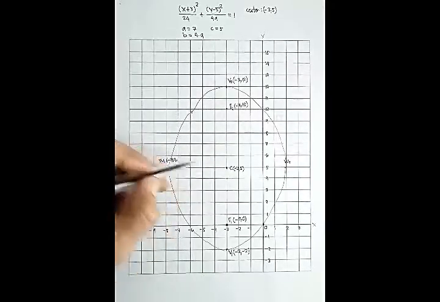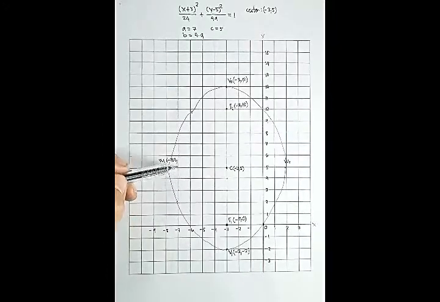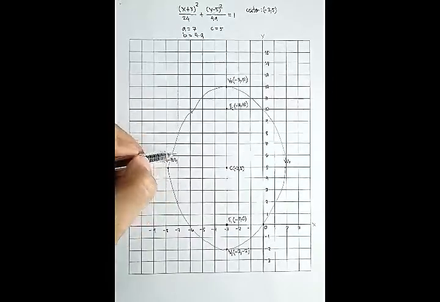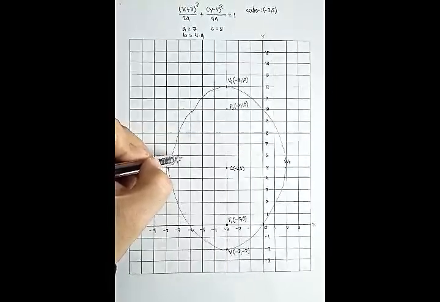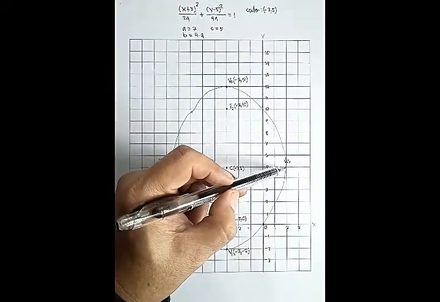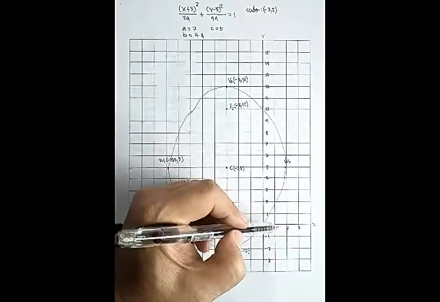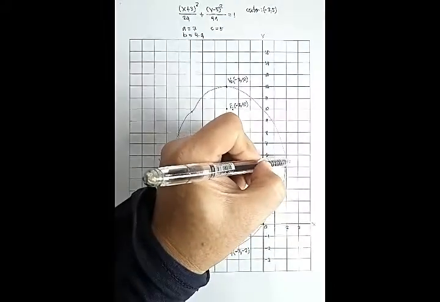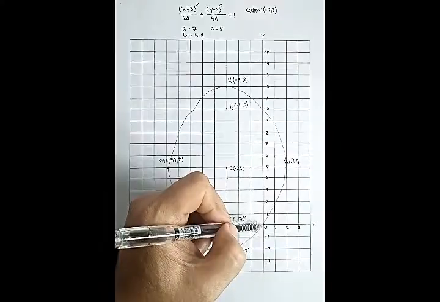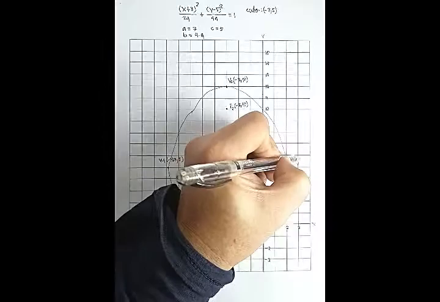Then along the y-axis it is 5. How about this one? Along the x-axis duol na siya sa 2, or it is at 1.9. And then along the y-axis it is 5.